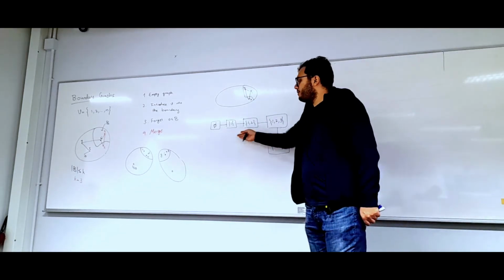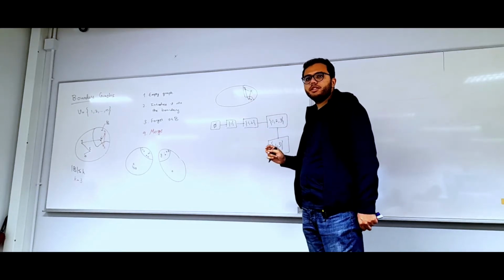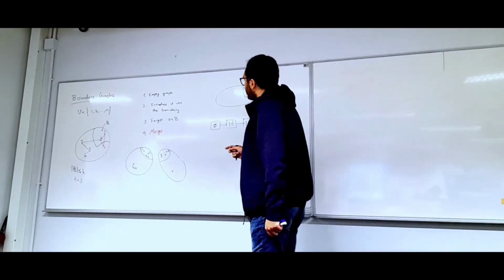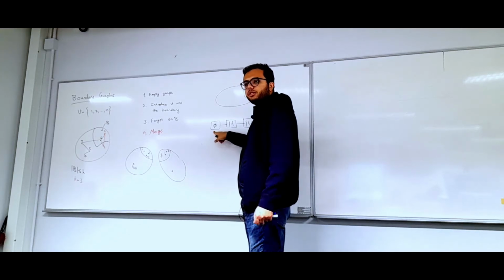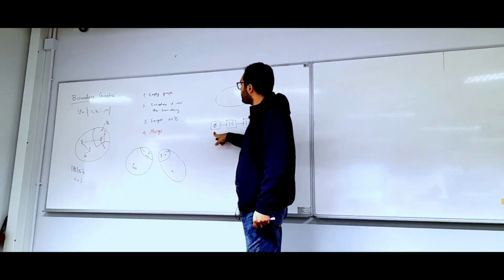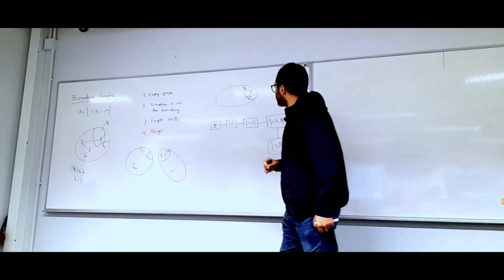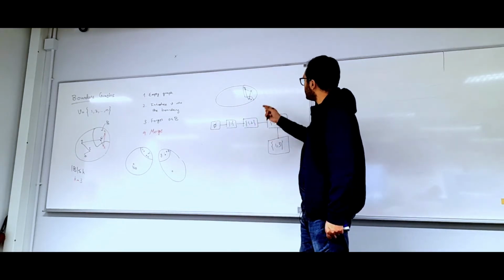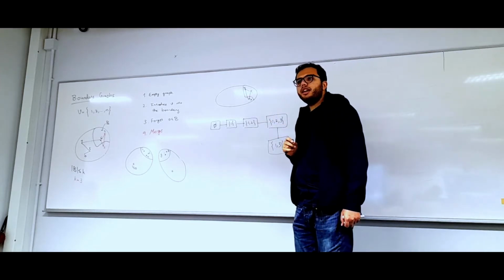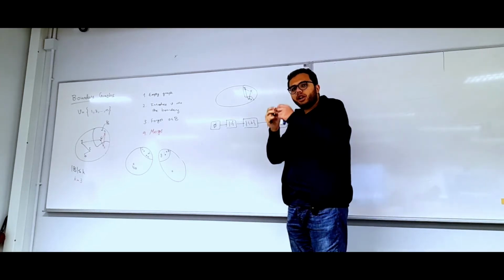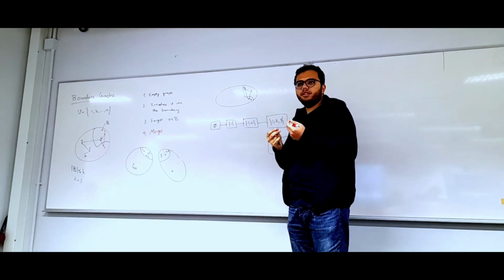Why is this a valid path decomposition of my entire graph? Well, at the beginning, of course, I have a valid path decomposition because I have the empty graph, and this is just an empty bag. Now, what happens when I introduce a vertex? Whenever I'm introducing a vertex, for example, when I introduce vertex 3, it can only be connected to the other vertices that were already in my boundary.